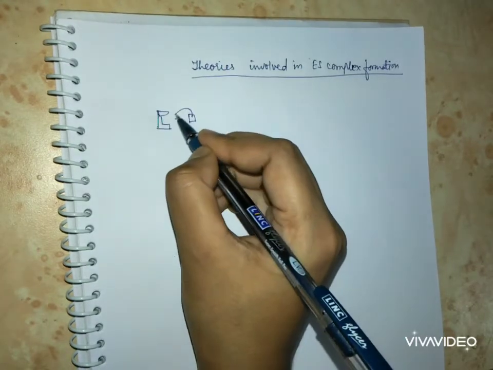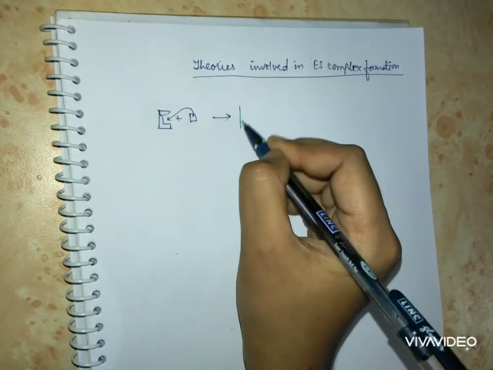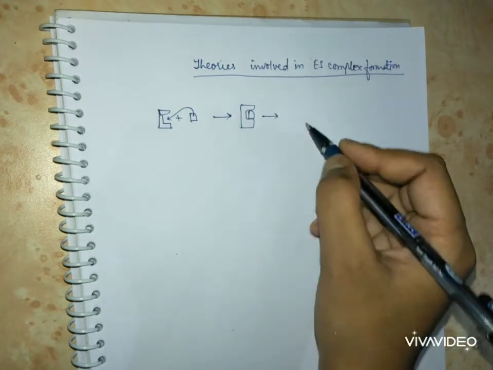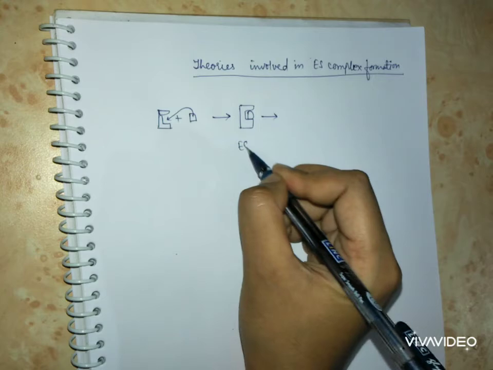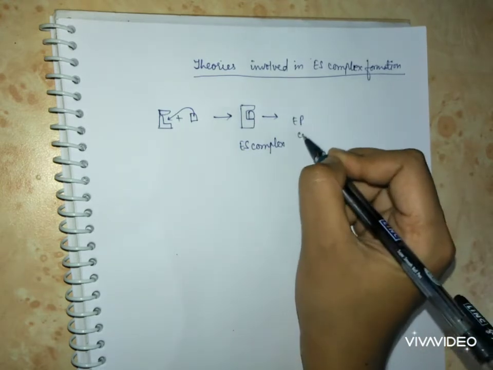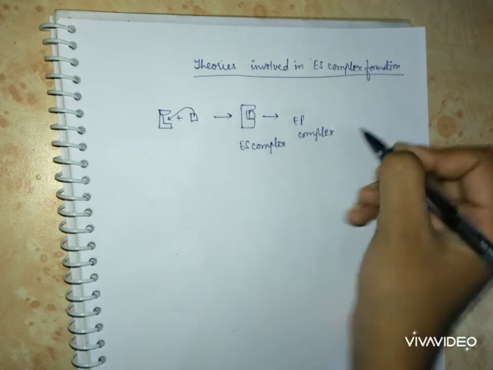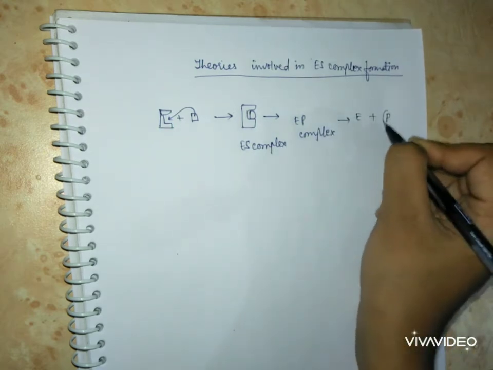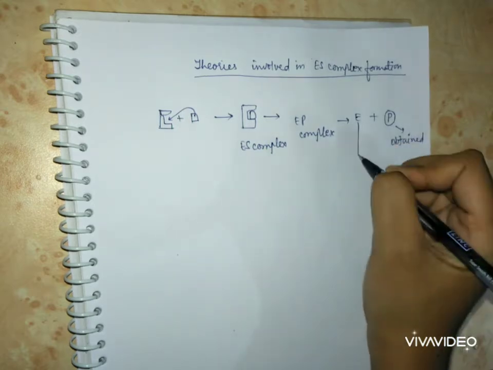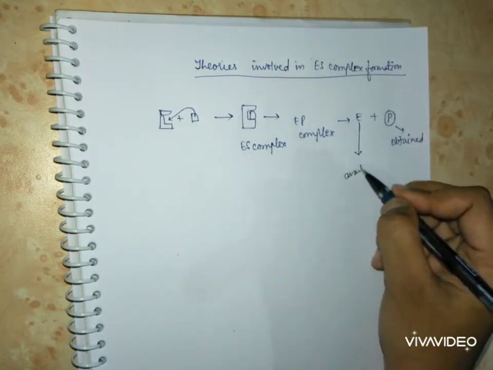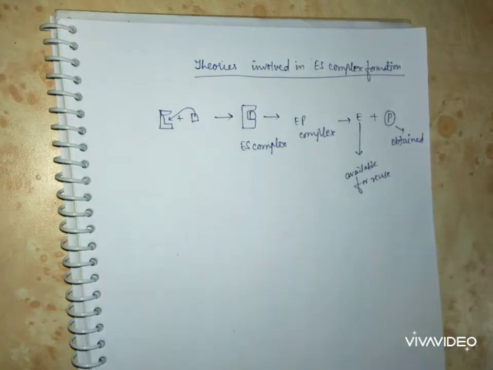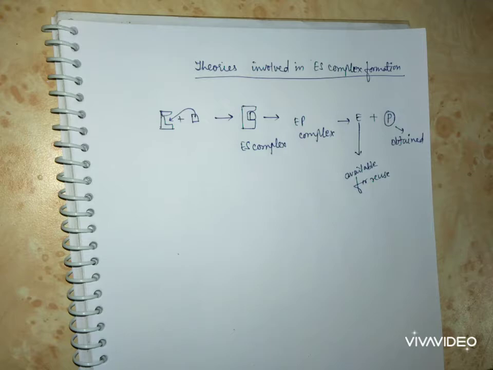This substrate binds to the enzyme and forms an enzyme substrate complex, then an enzyme product complex, and finally the product is obtained, and this enzyme is available for reuse. This is an enzymatic reaction.